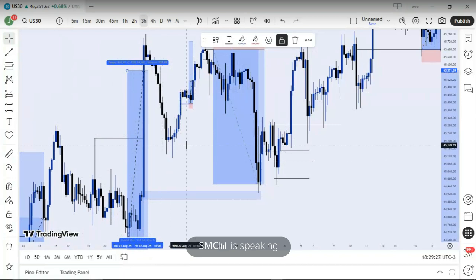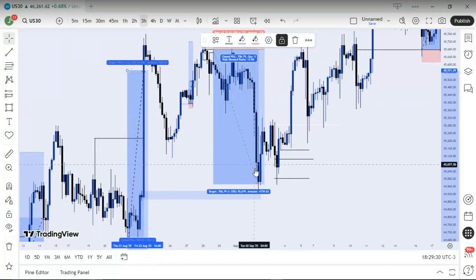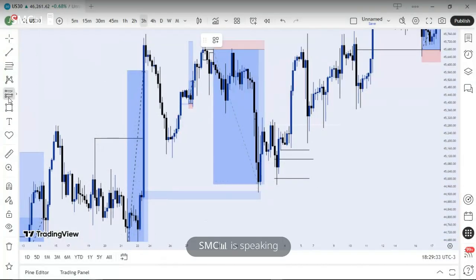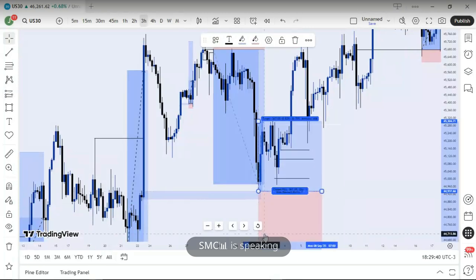Now what did price do? When price moved, you set your limit here, patiently waiting. It came back to this point. If you look at it very well, the market came back to it and moved.